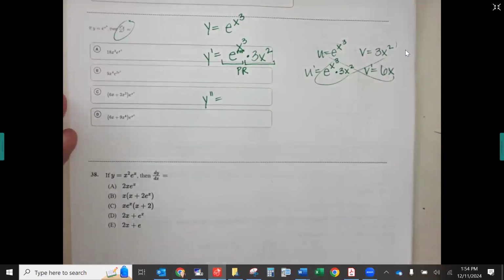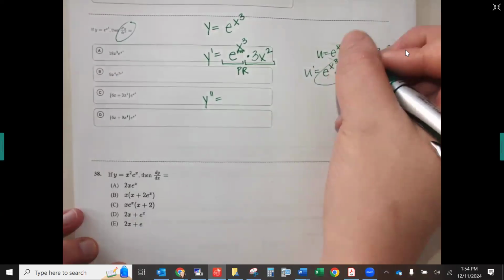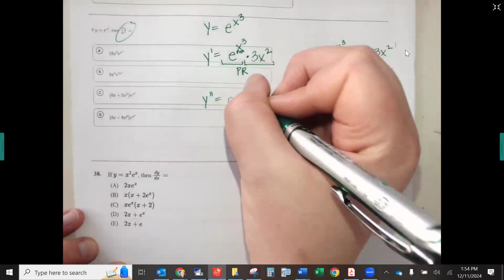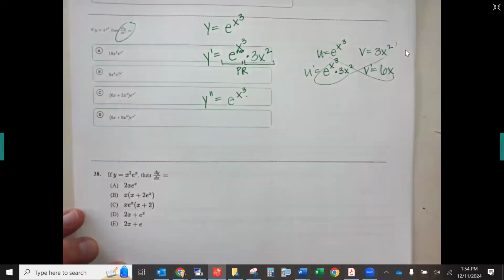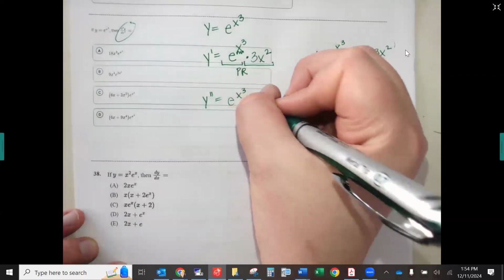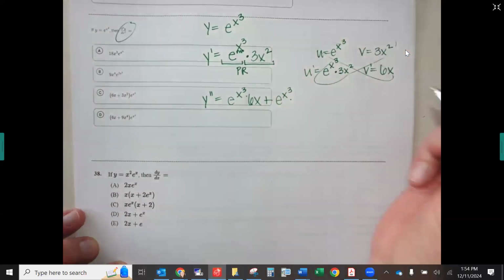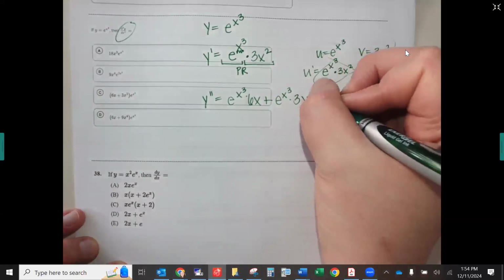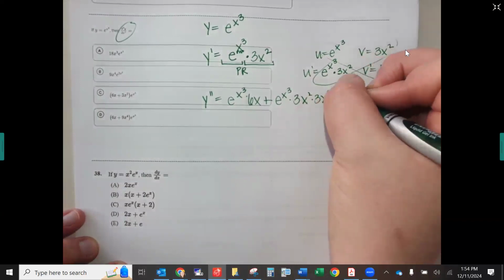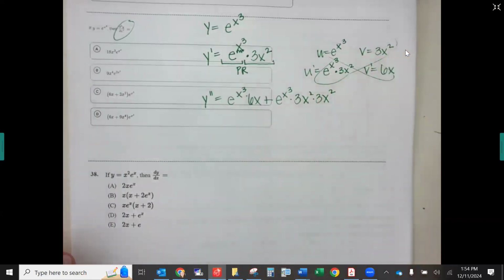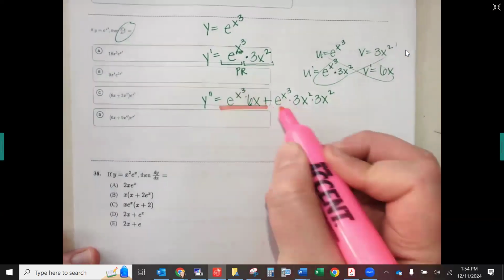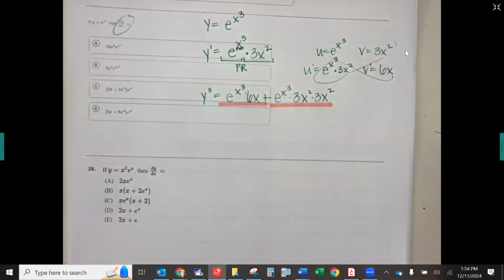So I'm usually gonna write the easier looking one first. So e to the x cubed times 6x plus e to the x cubed times 3x squared times 3x squared. Okay, and then looking at your terms, that's two terms. They both have what in common? They both have this guy, then you can GCF that out.